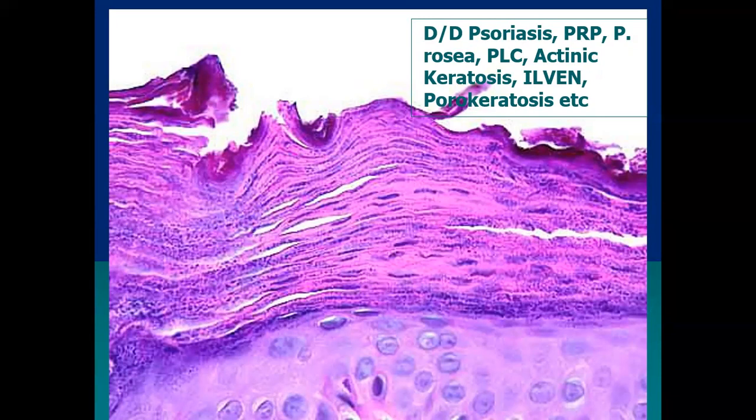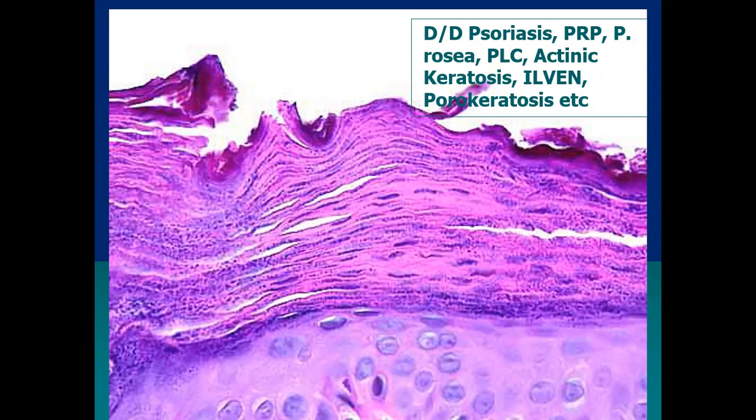So if the keratinocytes in stratum corneum are retaining their nuclei, it can be focal, it can be diffuse, and this feature is called parakeratosis. Parakeratosis usually signifies disturbed keratinization or disturbed maturation of keratinocytes.